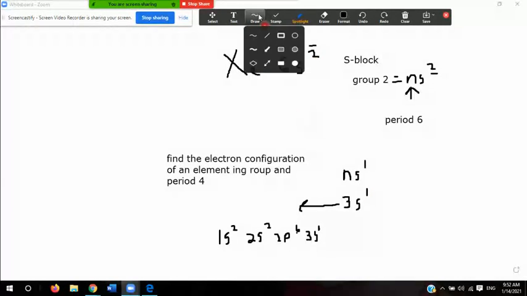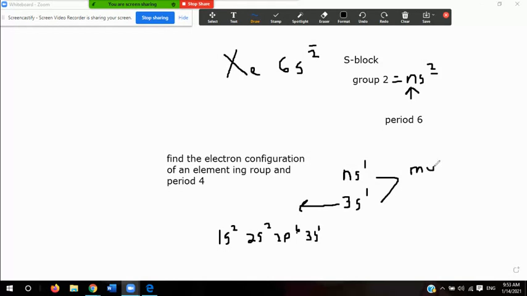And we just talked about that, and we know that elements in group 1 are more reactive than elements in group 2. So we know that this element is more reactive.